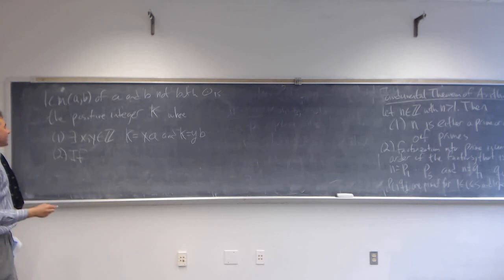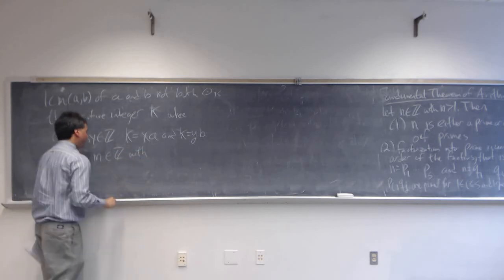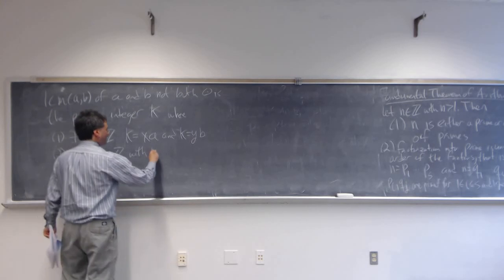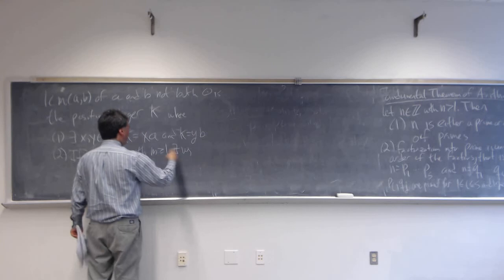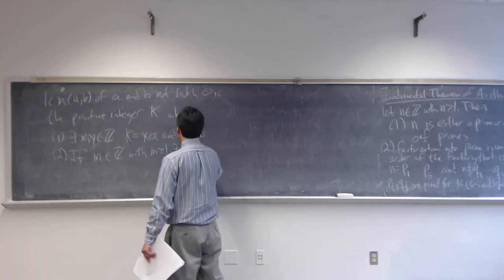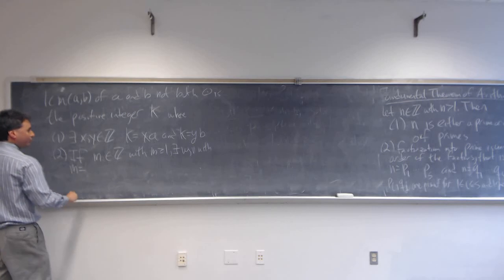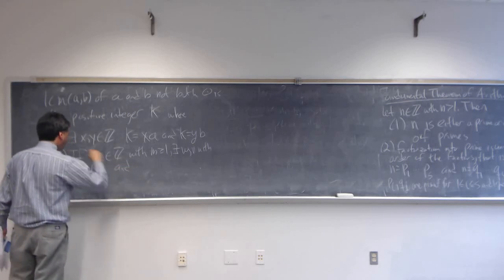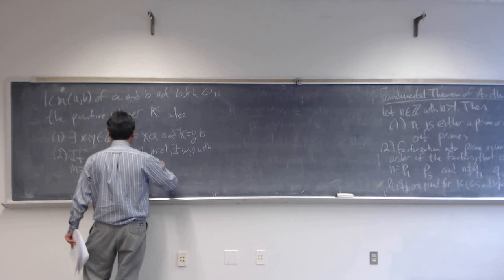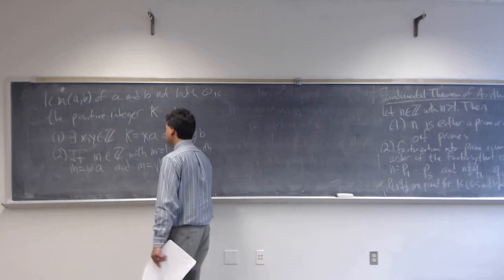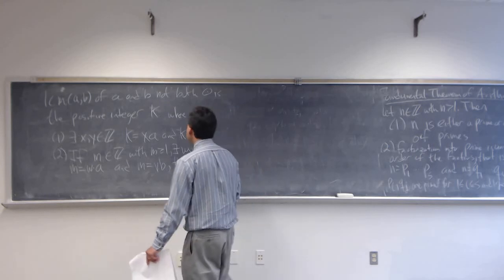And what is least about the least common multiple? So what if there's another common multiple? If M is in Z, let's make it positive, and it's a multiple of A and B, so there exist W and V with M equals W times A and M equals V times B. Then what makes K the least means that M itself must be a multiple of the least common multiple.